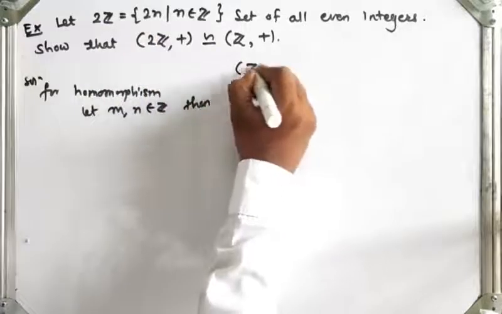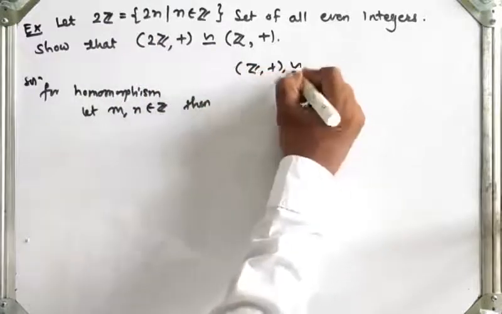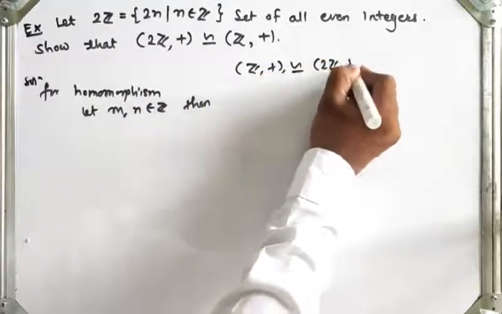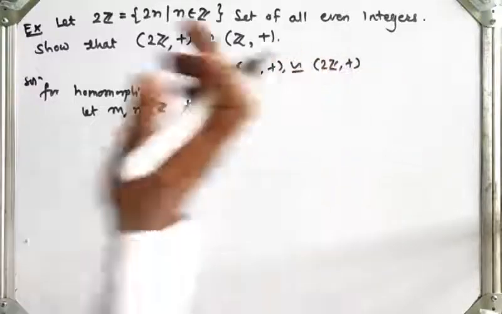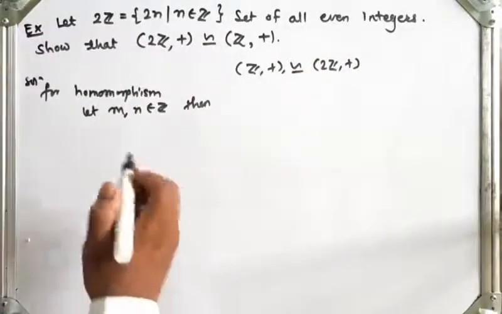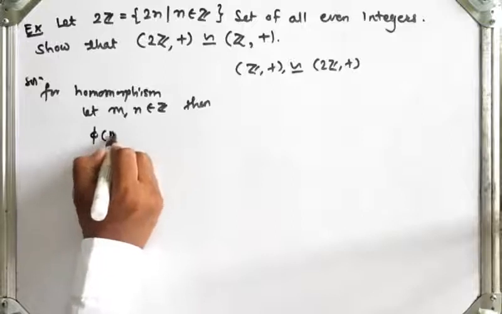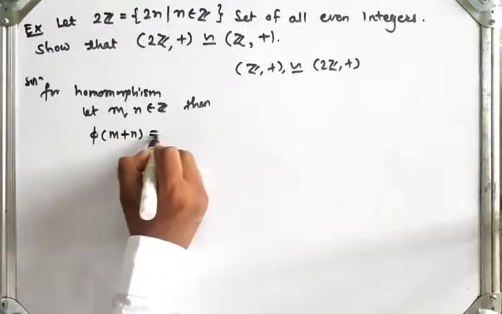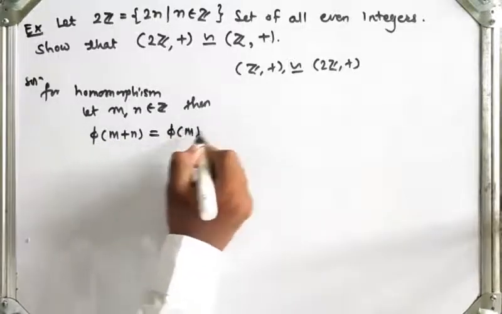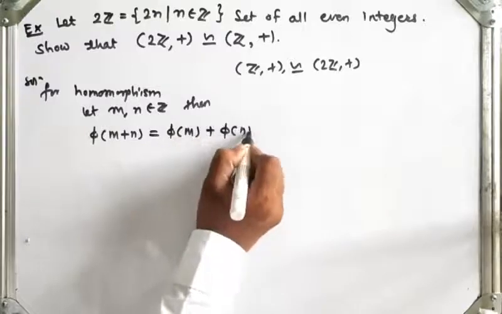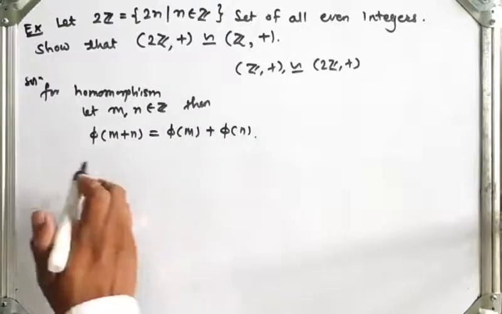Here our set is Z under addition isomorphic to twice Z under addition. So both sets have the operation addition. So we have to show that phi of m plus n is equal to phi of m plus phi of n, right?